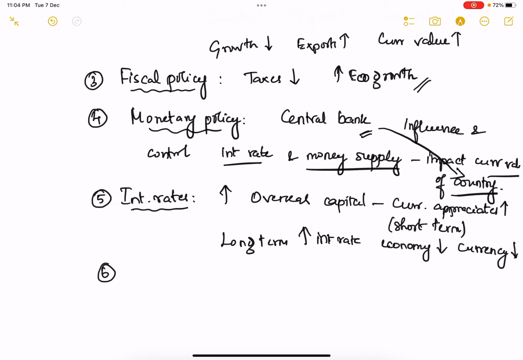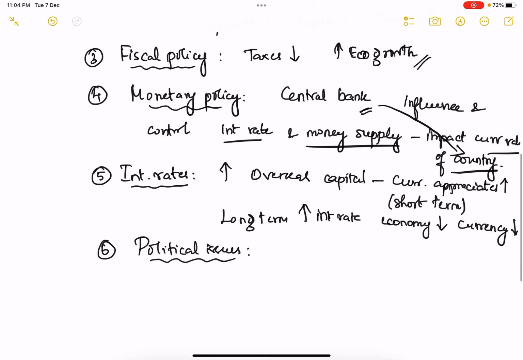The sixth and final fundamental reason which influences the movement of exchange rate is political issues. This will create a huge impact. Political stability is equal to economic stability.